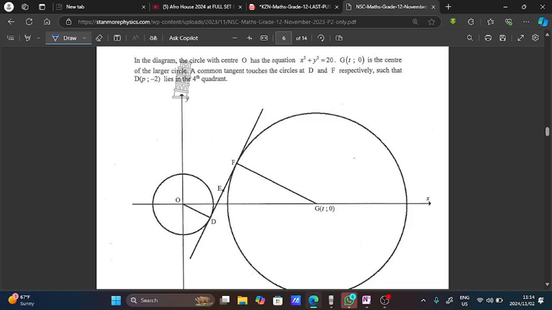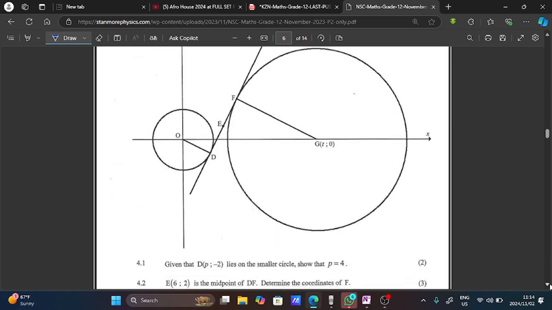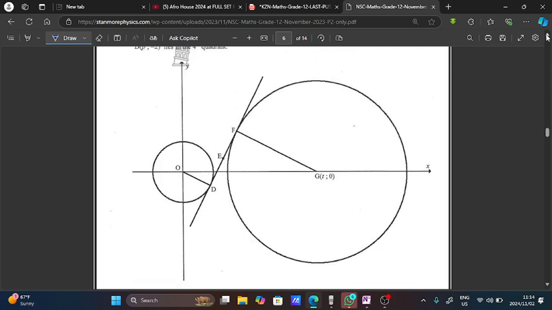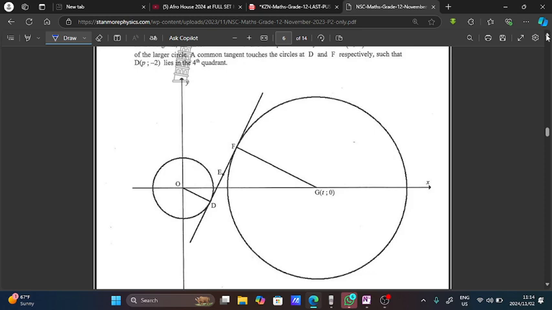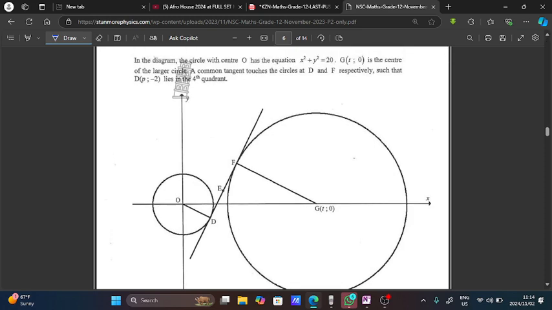The common tangent touches the circles at D and F respectively, such that D is in the fourth quadrant. Okay, let's see the questions. Given that D lies on the smaller circle, show that p equals to 4. You must show that. D is p and minus 2, and we have the equation here.